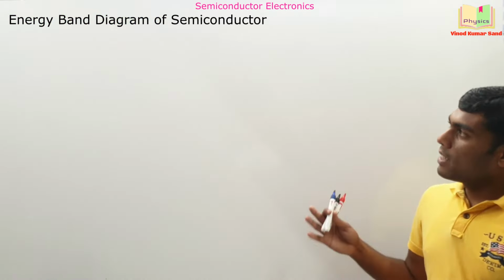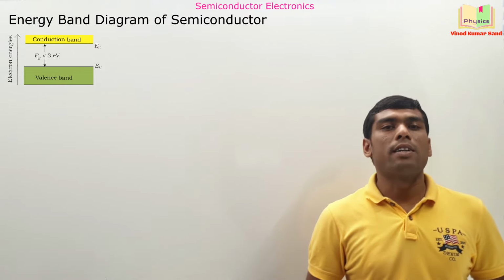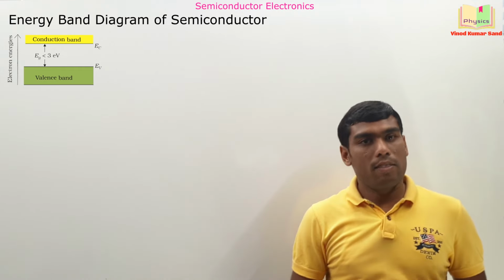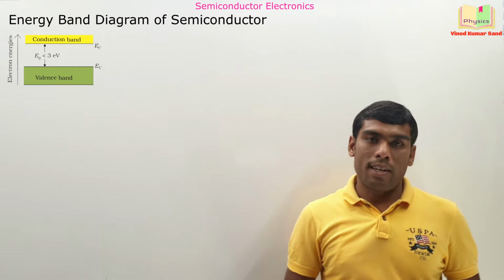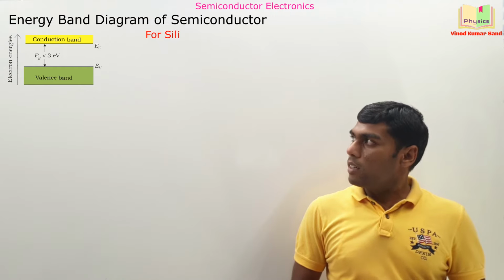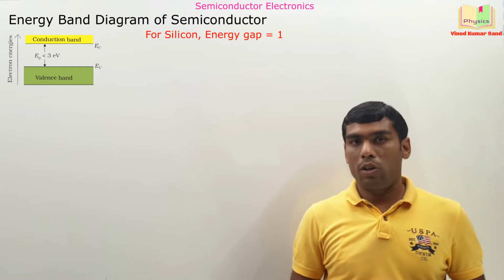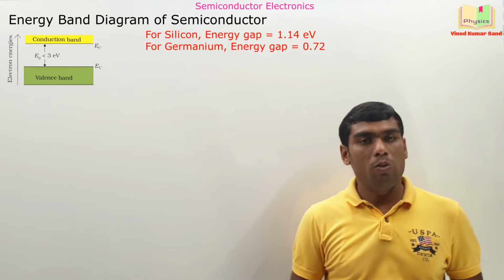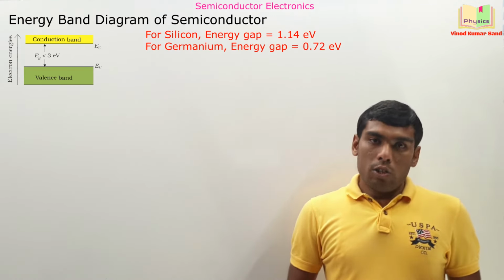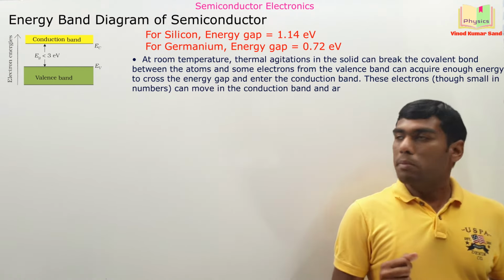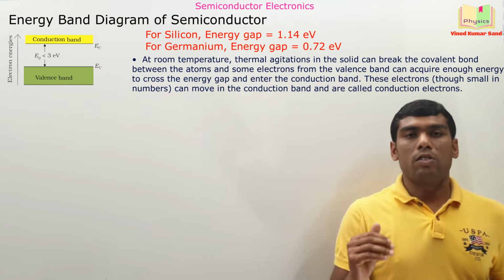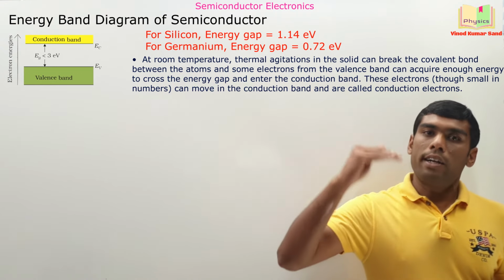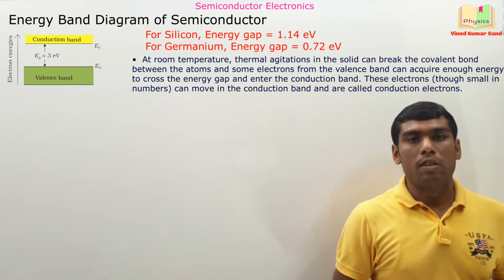Let's talk about the energy band diagrams of the semiconductor. For a semiconductor, the energy gap is less than 3 electron volt. For example, silicon has an energy gap equal to 1.14 electron volt and for germanium the energy gap is around 0.72 electron volt. Due to the small energy gap at room temperature, due to thermal agitations, a few valence electrons can break their bonds and enter the conduction band.